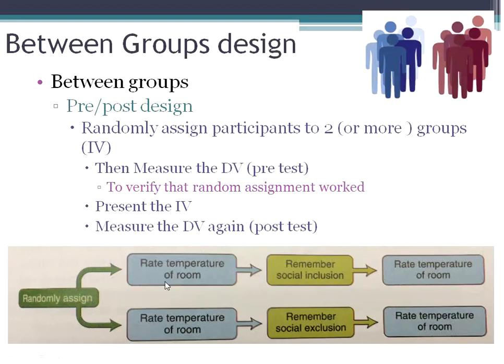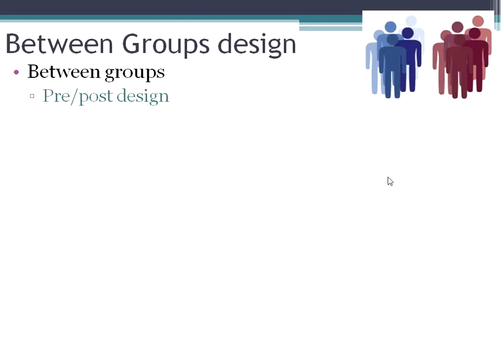We can also compare them beforehand to verify that the random assignment worked, right? That they're equally rating the temperature of the room. And we can also ask within subjects questions, within participants questions. Did individuals change from time 1 to time 2? Okay. So between groups pre-post is a better, stronger design, because it allows us to ask a lot more questions of our data.